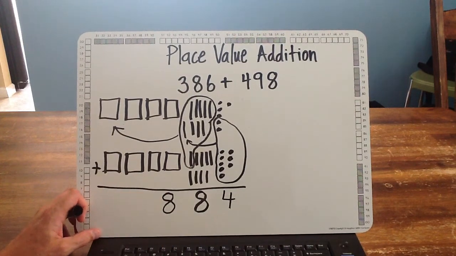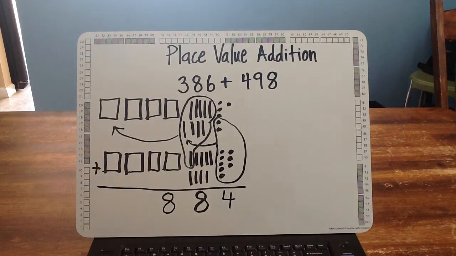So you can see how organization and neatness is an important part of this strategy, especially with all of the different place value drawings that you're going to make. But this strategy will help students to see how when we regroup 10 ones and bring it to the tens, and then how we regroup a group of tens, 10 tens, and bring it to the hundreds.